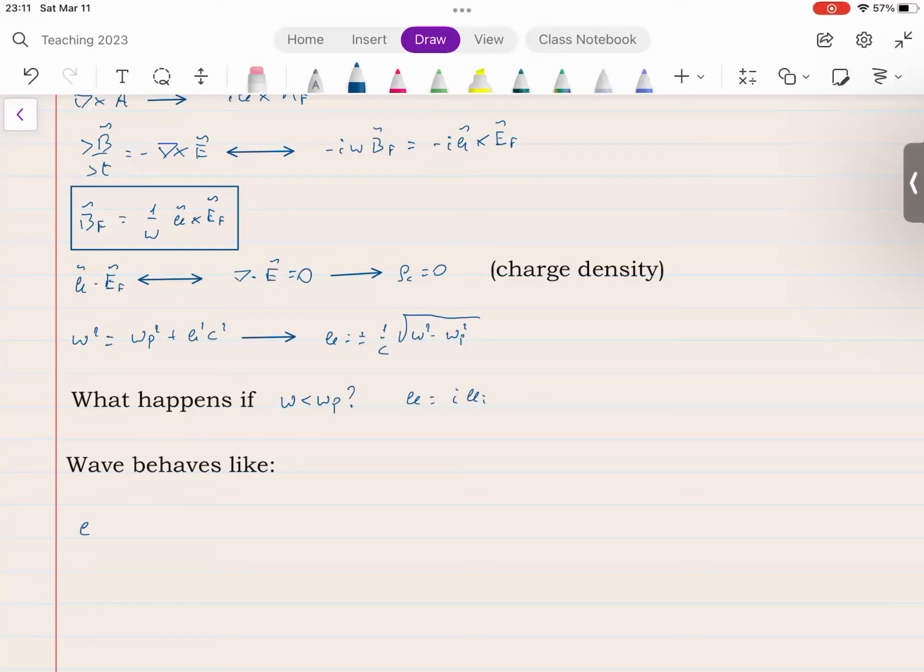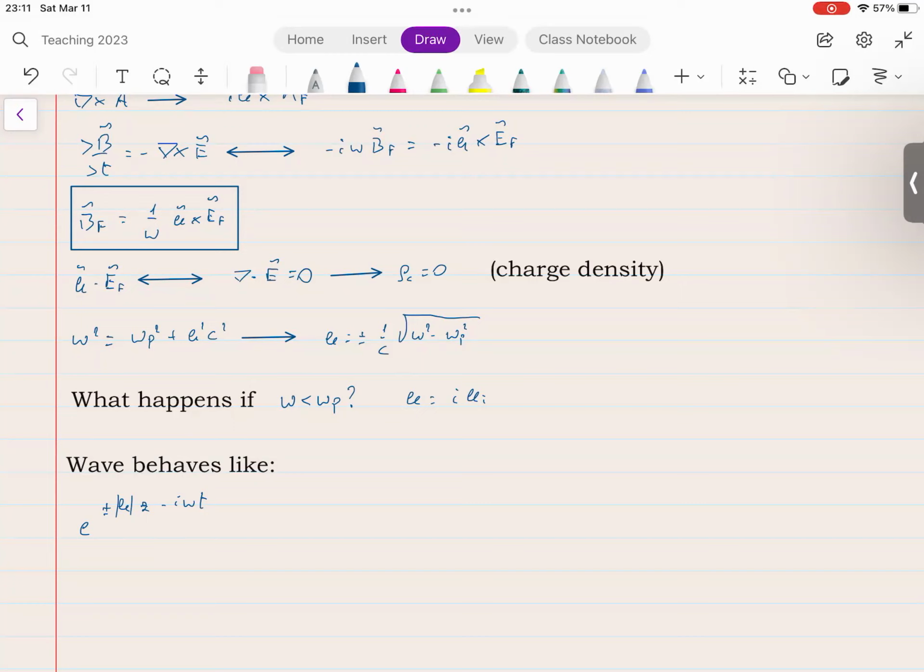Wave is going to go like e to the minus i omega t plus ikz. And then since k is imaginary, I got i times i, and I got a plus or minus sign, so this is going to look like e to the plus or minus absolute value of k times z minus i omega t.